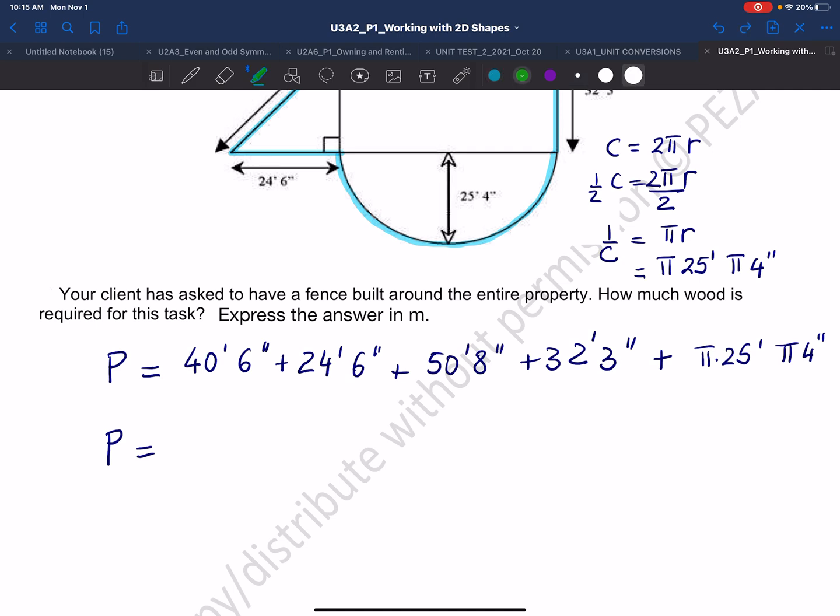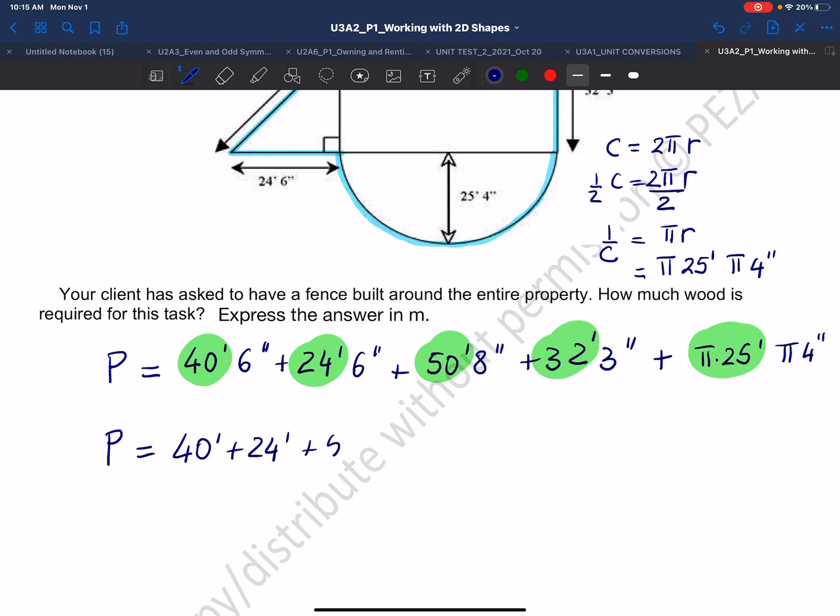So I will start off by highlighting the feet first. And this will be 40 feet, 24 feet, 50 feet, 32 feet, and 25 pi. Pi times 25, 25 pi, it's the same thing. So this will make up only for the measurements in feet.